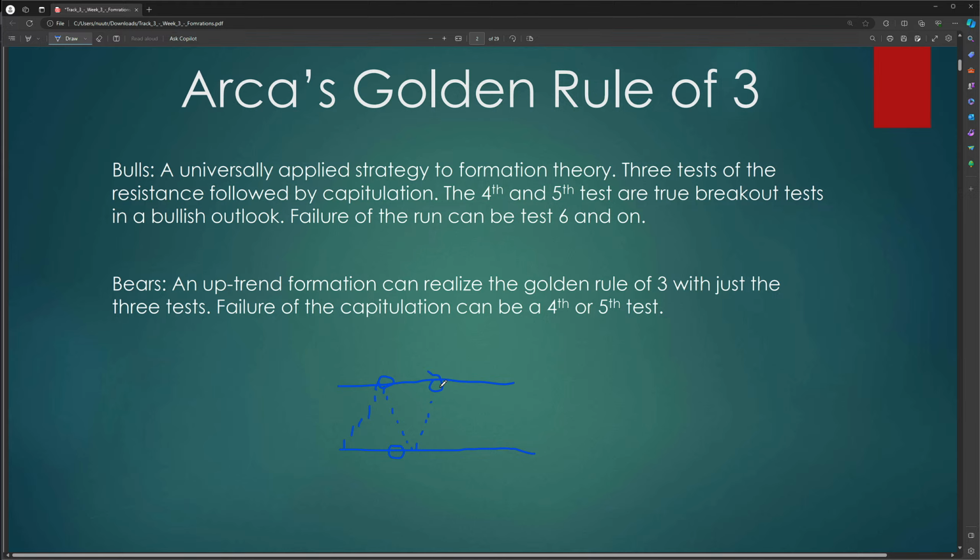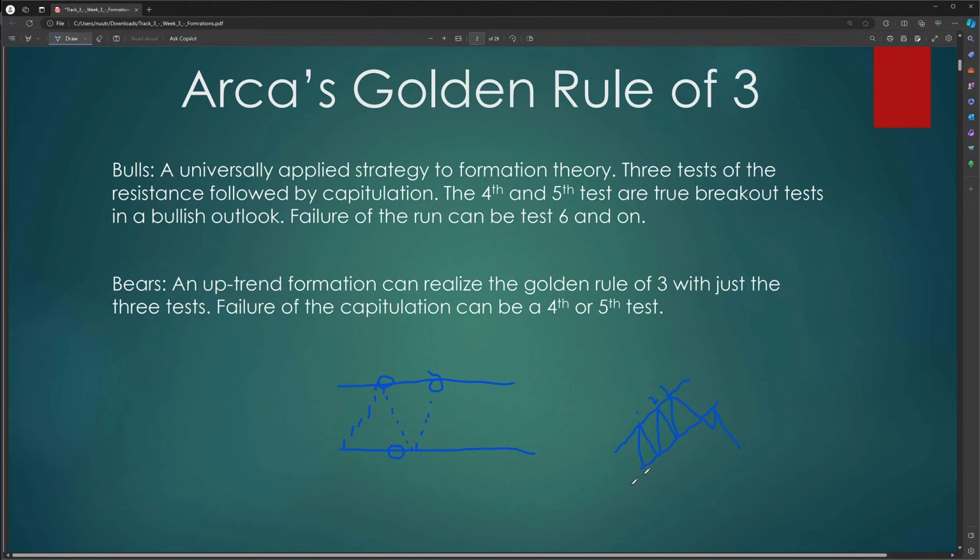Capitulation means that, let's just say that you are range trading an ascending channel, right? You have test number 1, 2, and 3 of the resistance, right? 1, 2, 3. Usually on test number 3, you have the furthest downside and a breakdown would happen. So capitulation, in other words, right?